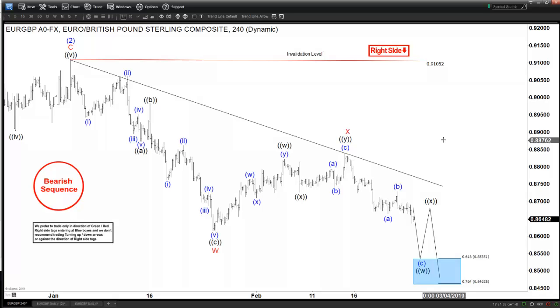So if we do get some sort of good news coming out of the UK, then I won't be surprised to see the pound strengthening, not just against the euro but against other currencies as well. All right. But again, for confirmation about the specific pair, Euro Pound, I'm looking for the Euro Pound to break below this previous low W to confirm that we are indeed already starting the next leg lower.